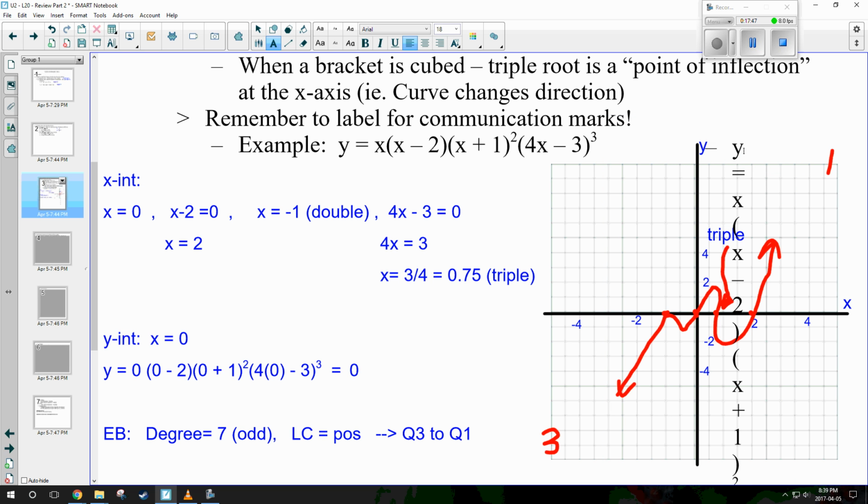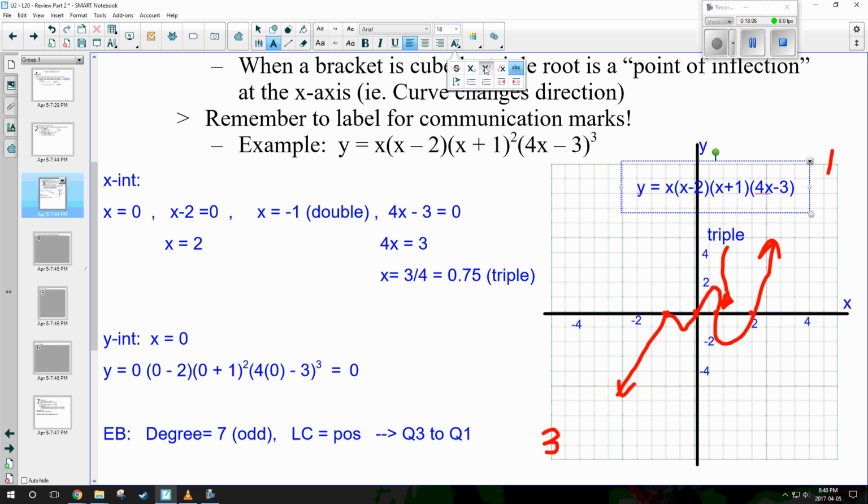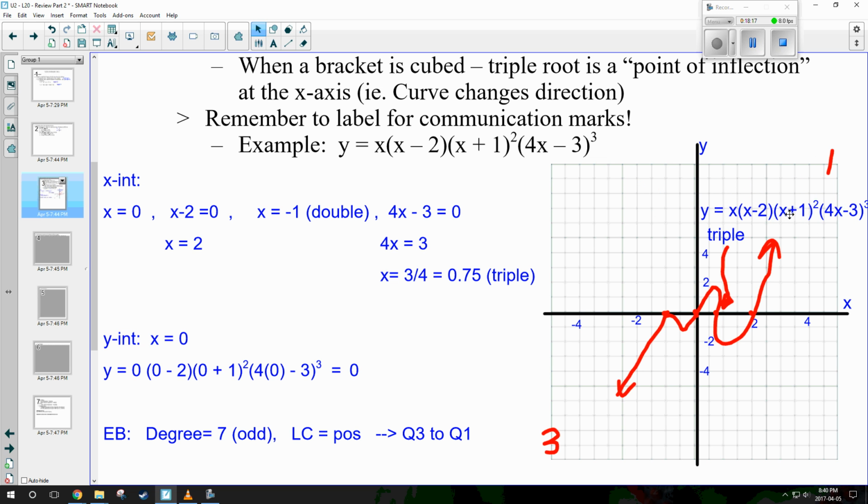That didn't work very well. There we go. And there's our label. So we get all full communication marks there.